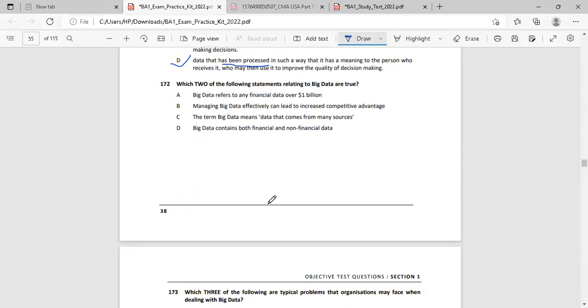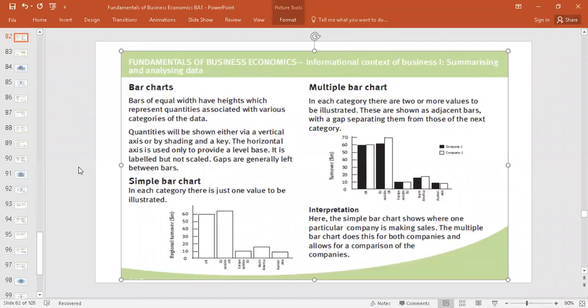172. Which two of the following statements relating to big data are true? We have not discussed anything about big data until now, because the concept of big data falls into the next topic.